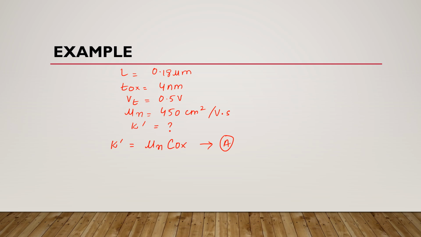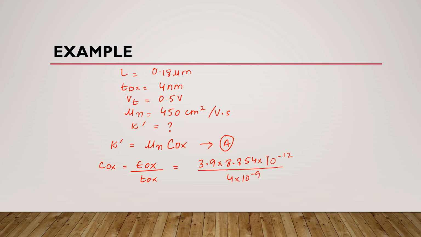Now first we will find the capacitance of oxide layer. We know that it is equal to permittivity of silicon dioxide divided by thickness of oxide layer, and here this permittivity of silicon dioxide is equal to 3.9 multiplied by permittivity of free space, which is equal to 8.854 into 10 raised to the power minus 12, and here this thickness is 4 nanometer.